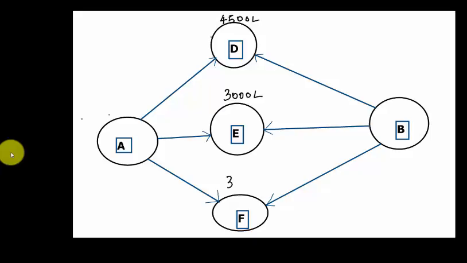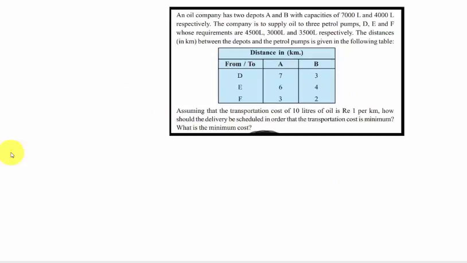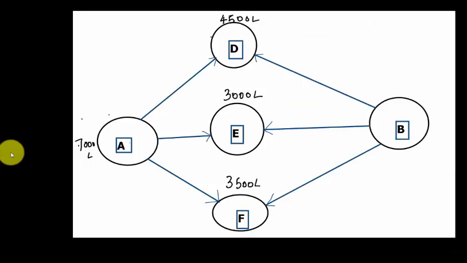Once you have made a note of that, please make a note of the capacity of A and B, which is 7,000 and 4,000 liters. Wonderful. Now what is the distance from A to D?